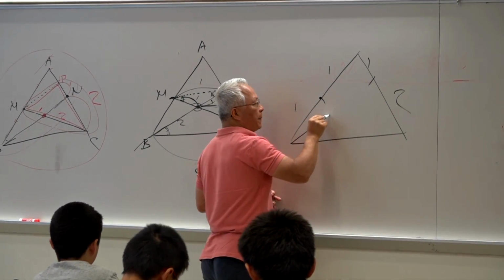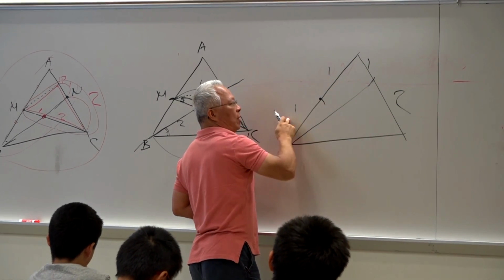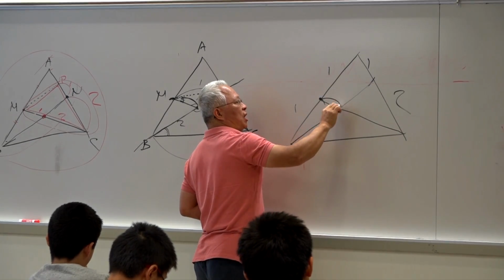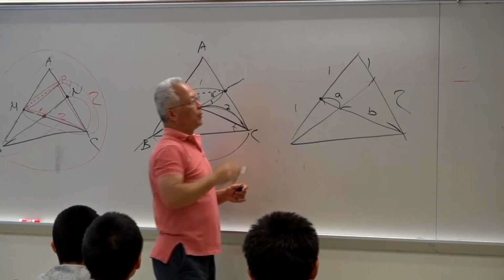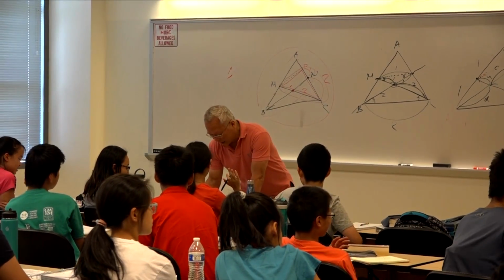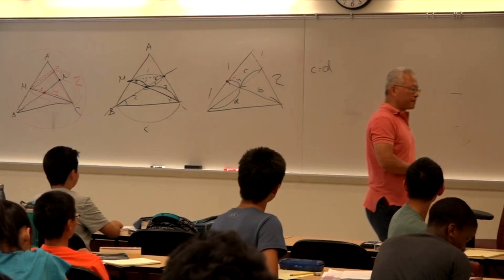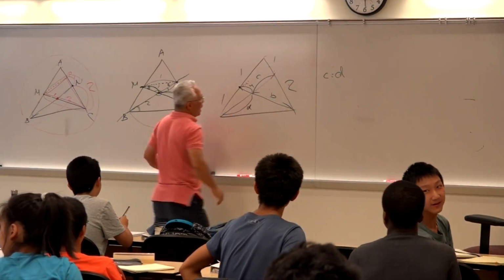So I want you to see the point now. When I change to 1 to 2, and this is still 1 to 1, I want you to recalculate the ratio of A to B. Go ahead. Let's check it out.